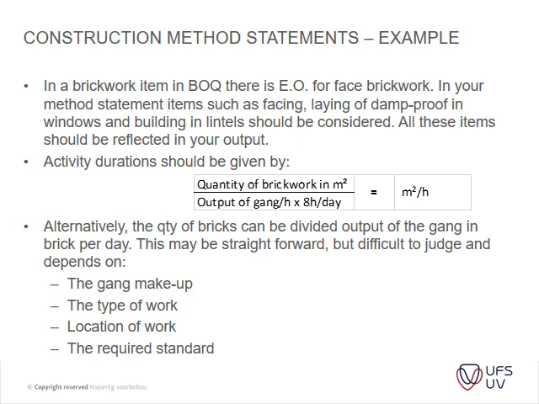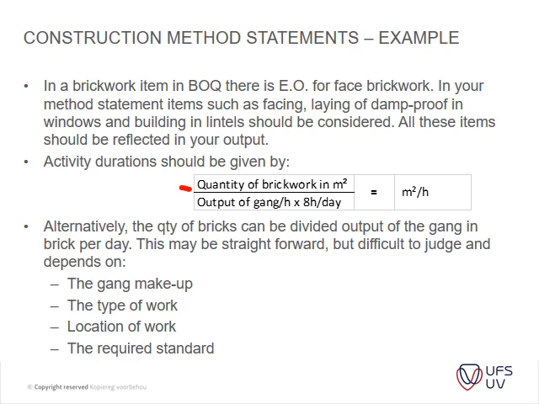In your method statements, items like facing, laying of damp-proof in windows and building lintels should also be considered. All those items should be reflected in your output. Okay, then your activity durations. This is important for me. It will assist you guys in explaining what your activity durations is, but it's fairly straightforward.